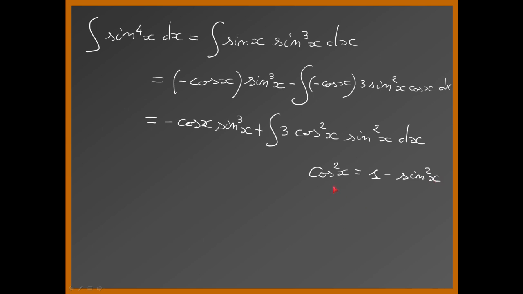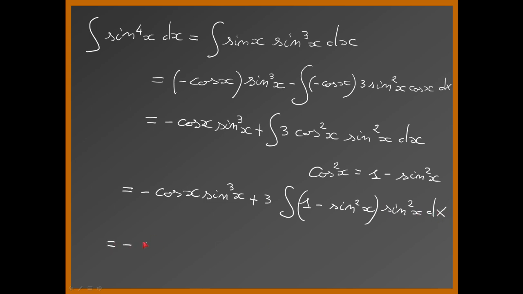We can substitute this expression for cosine squared of x, obtaining minus cosine x sine cubed of x plus 3 times the antiderivative of 1 minus sine squared of x that multiplies sine squared of x.